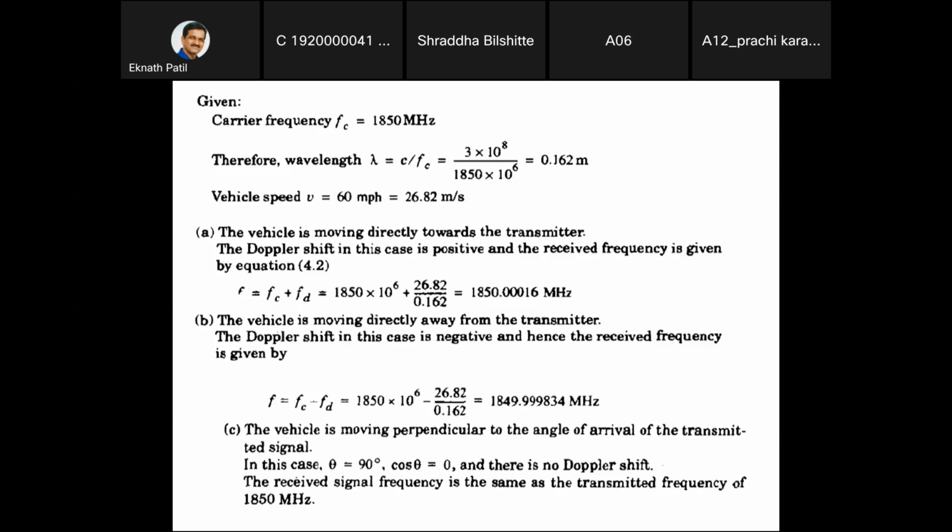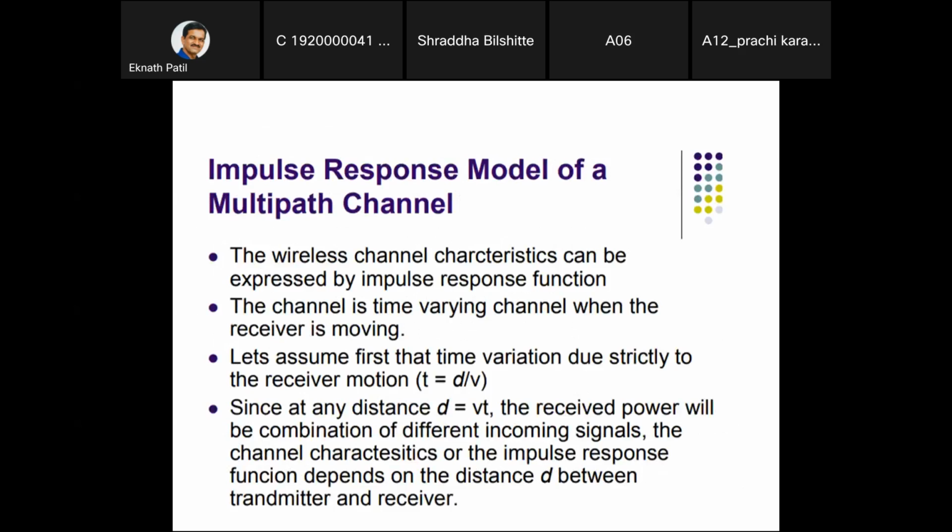If it is coming towards, it is positive, fc plus fD. If it is going away, then fc minus fD. If it is perpendicular, theta is 90, cos theta is 0, and that's why there is no change in the frequency. These examples are very important as far as your exams are concerned, so it is important to note these things and practice them.